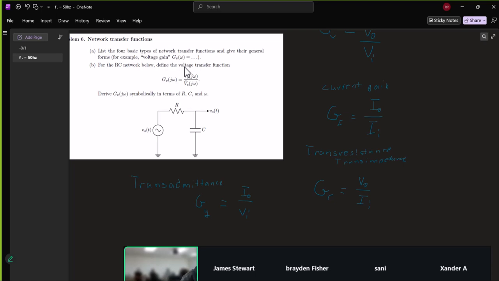Okay, so for the RC network below, define the voltage transfer function as V out over Vs, and VO is given as the voltage across the capacitor.